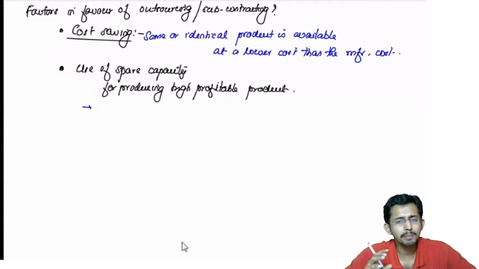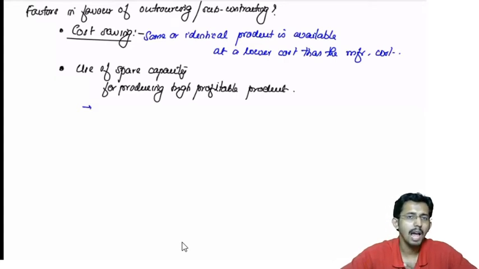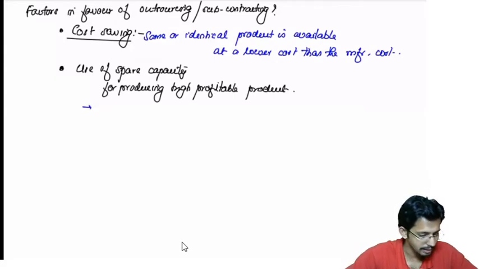So the management may think of subcontracting those products which have a lower profitability or margin and manufacturing the products which have a high margin. This is something known as cross subsidizing. So even though the management is taking a big cost increase in the case of products with lower margin, this can be well compensated by manufacturing more quantities of the products with higher margin. Okay, so that is another case.